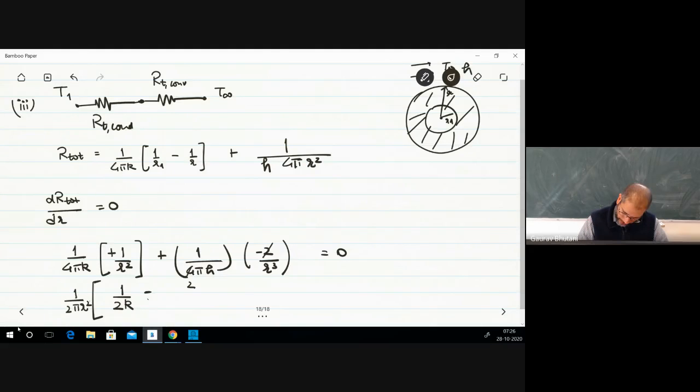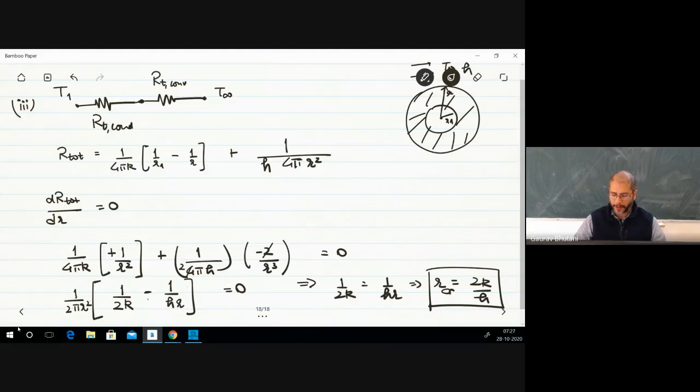The second term gives me 1 upon h times r. And this is 0. Okay, so what this gives us is 1 by 2k is equal to 1 by hr, which basically tells me that r is equal to 2k by h, and this r is the critical radius.